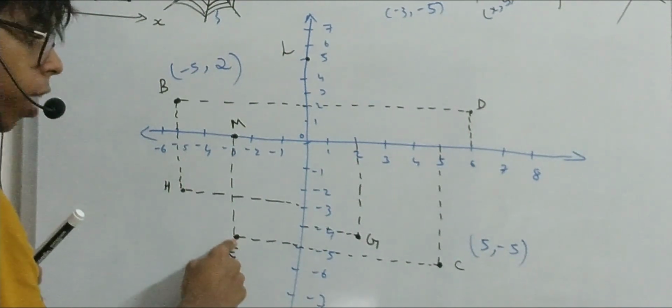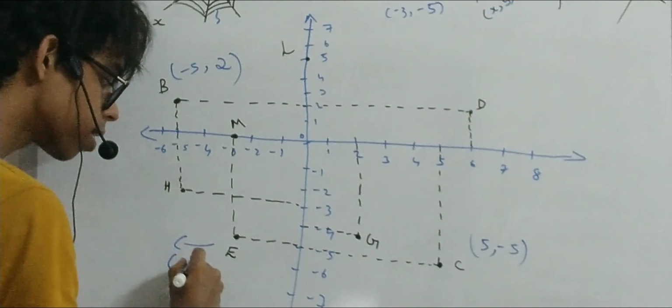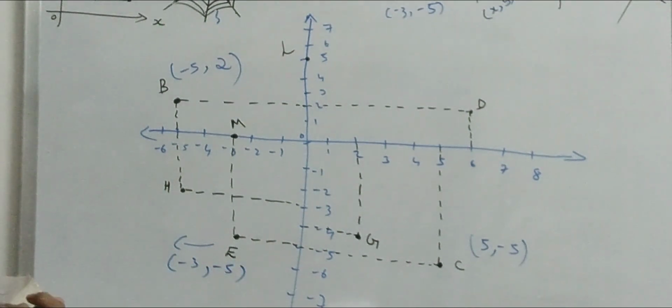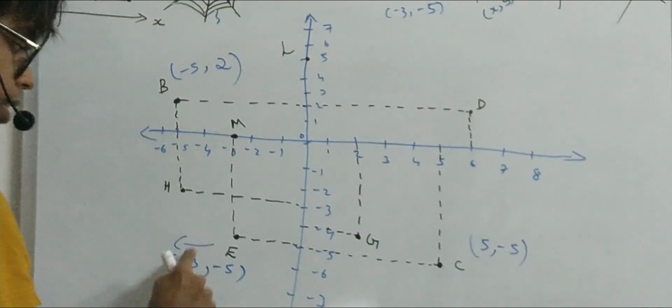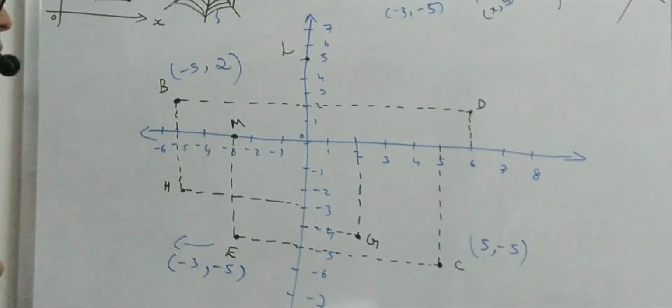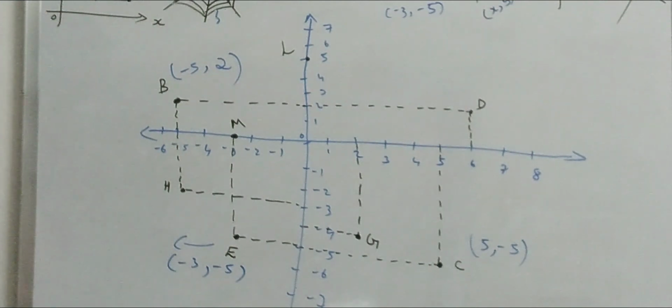It lies on the point E. How will you see? First look at in which axis this -3 is. This -3 should lie on the negative x-axis and -5 should lie on the negative y-axis. So you can predict which point it is. So -3, -5 lies on point E.